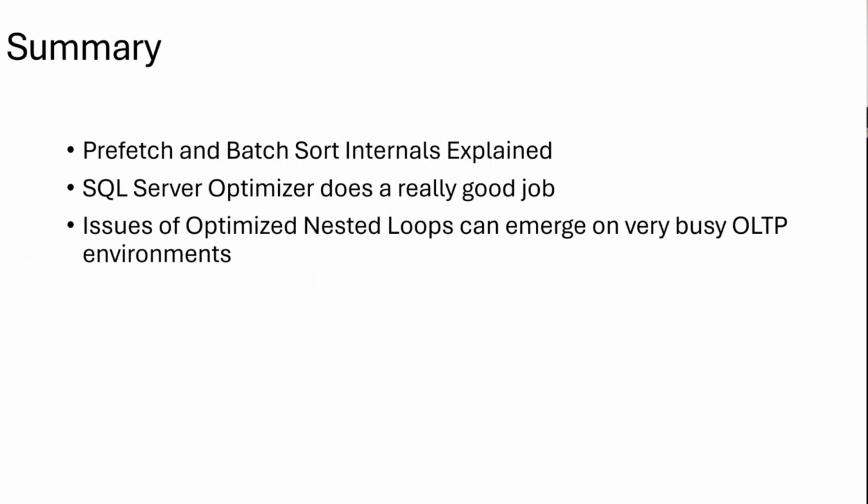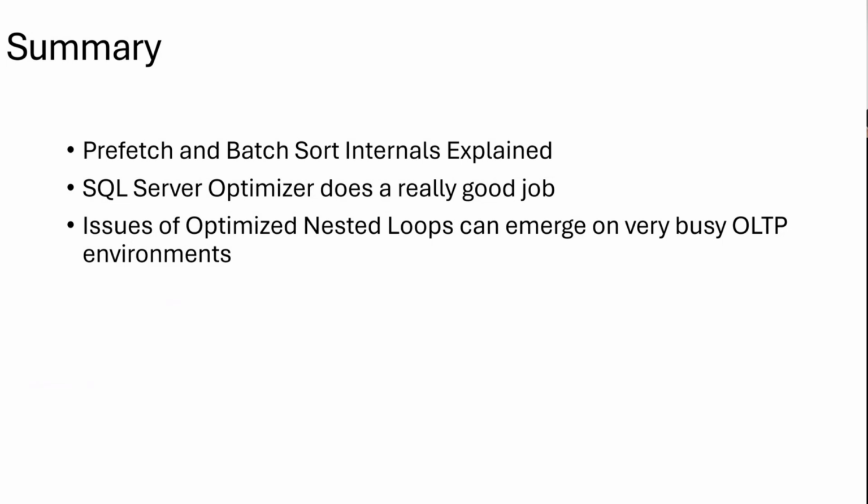So to sum up, as we approach the end of my presentation, I'd like to sum up the core concepts. I've detailed the internal optimization techniques of nested loops joins, specifically prefetching and batch sorting, how they are implemented, what problem they solve, what issues they can create, and how to solve them. The SQL Server Optimizer is generally quite good at selecting a good enough plan for executing queries.